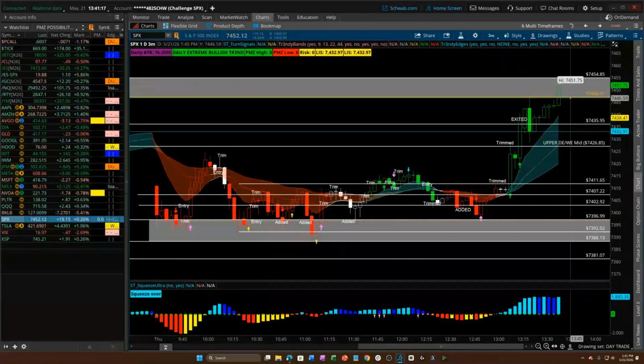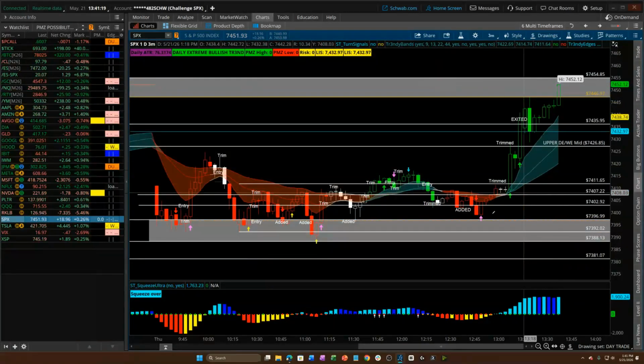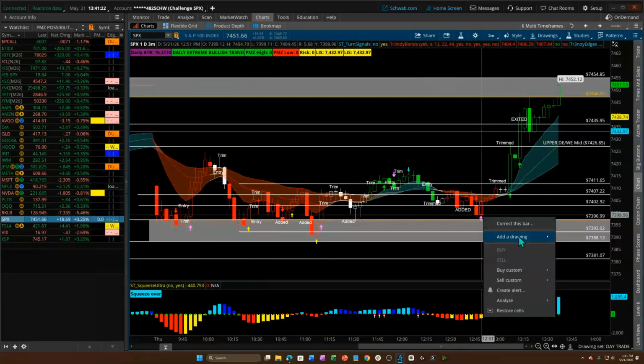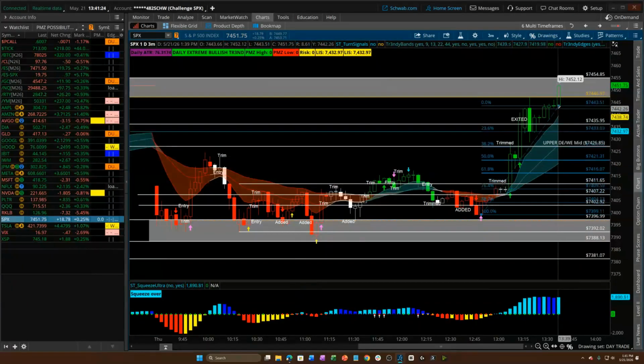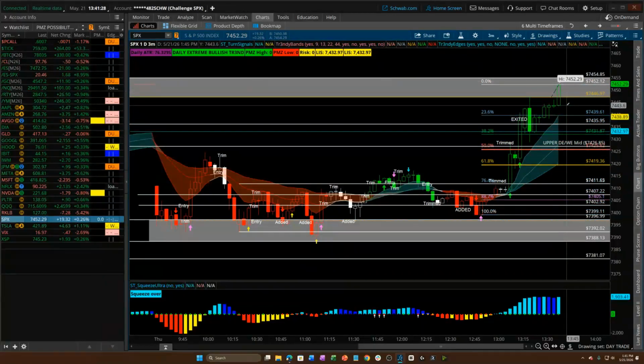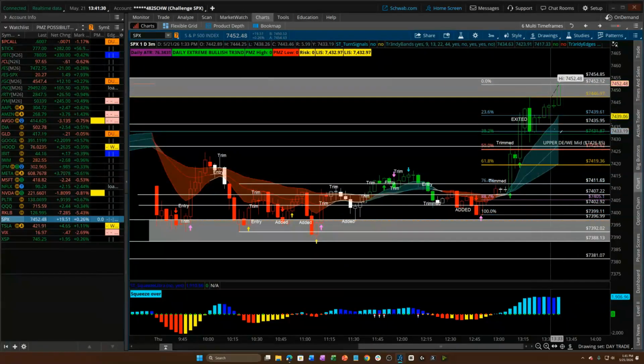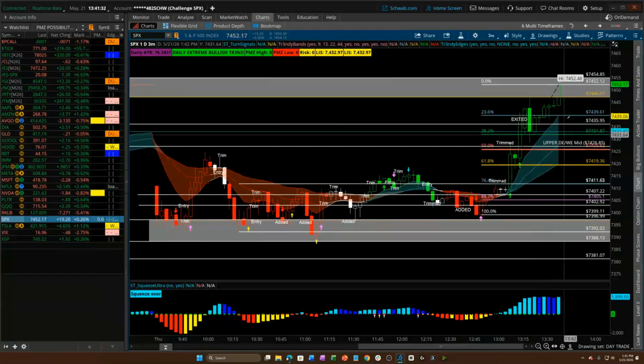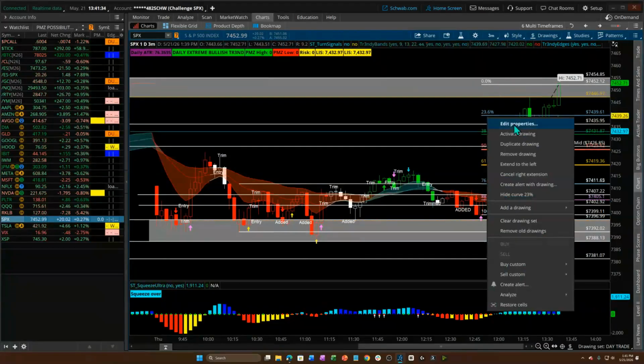The reason I'm doing that is because I know that measuring the Fibonacci of this beautiful rally right here, I have a buy zone. The bullish channel is now a buy zone for me.